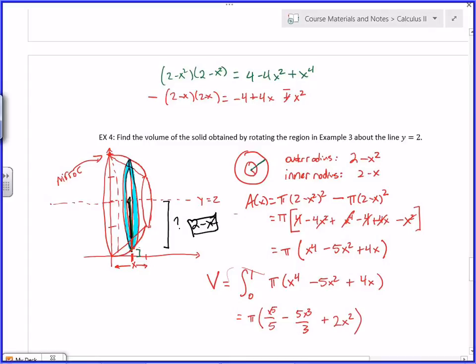Is it supposed to be 0 to 2? Or is it 0 to 1? Okay, 0 to 1. Remember I chose this x, I pick an x right here, and then draw where that cross section is. So what all possible values of x can I choose for a cross section? Notice the curve starts at x equals 0 and only goes to x equals 1.